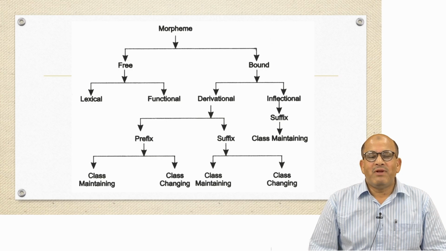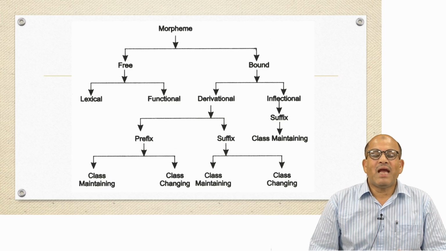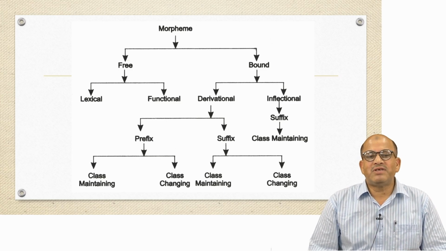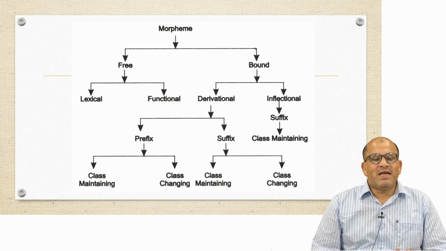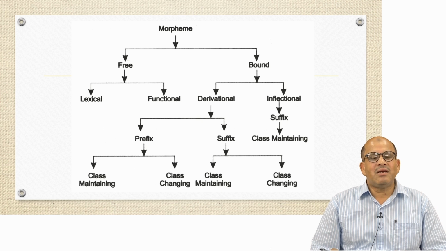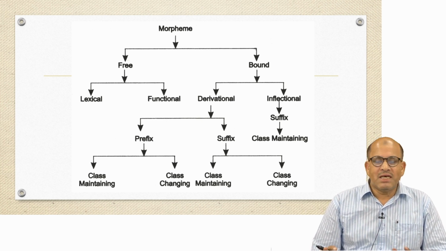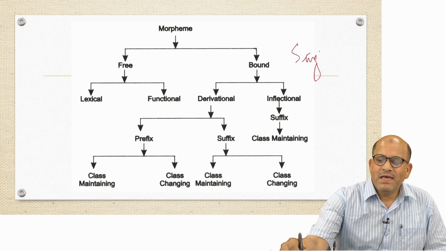We will give you examples of everything. Now we have suffix. Among suffixes, we have class maintaining and class changing. The inflectional morpheme also has suffix, which is only class maintaining. Class maintaining retains the grammatical category as it is. If it is sing, a verb, then singing is the same grammatical category. When we say singing, it is also a verb.